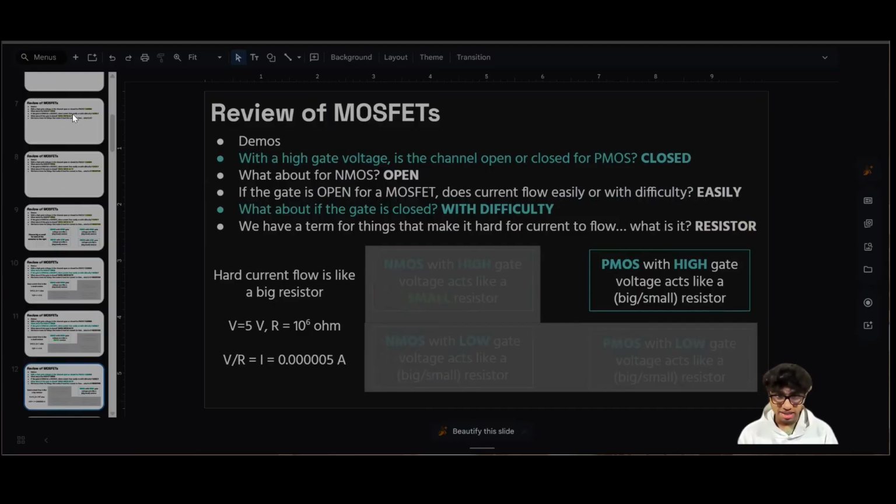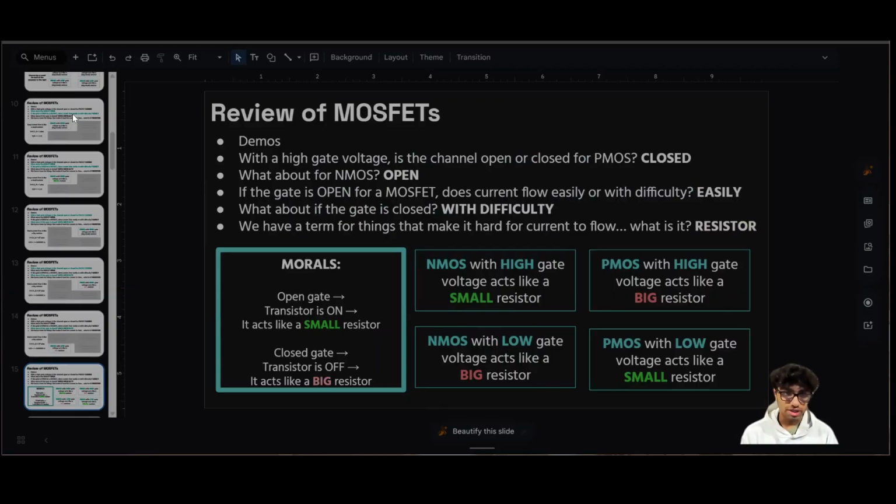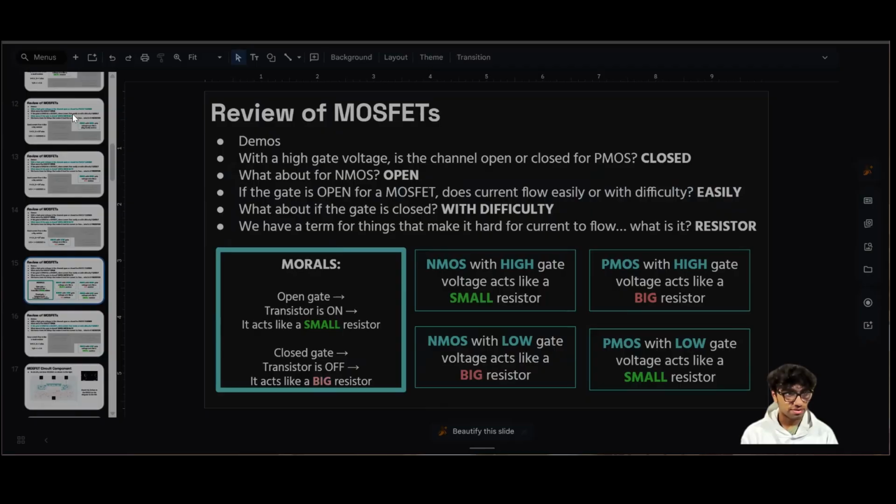A PMOS with a high gate voltage has a closed gate, so it acts like a big resistor because current can't get through. An NMOS with a low gate voltage also is closed, current can't get through, it's a big resistor, like 10 to the 6th ohms. And a PMOS with a low gate voltage has an open gate, and so it acts like a small resistor. So that's the summary of all of this.